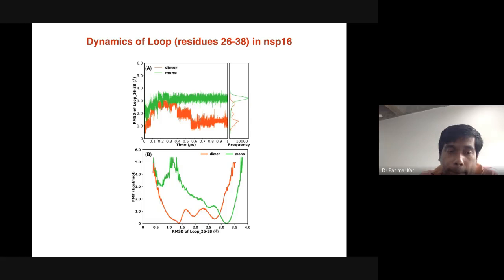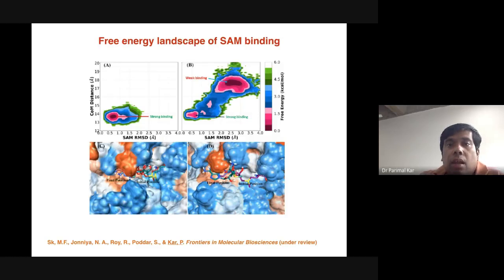And then again, the same thing you can represent in terms of free energy. So the A corresponds to the complex structure. You can see that there is only 1 minimum, so that corresponds to a single binding mode. And when you target only the NSP16, then you have 2 minima.